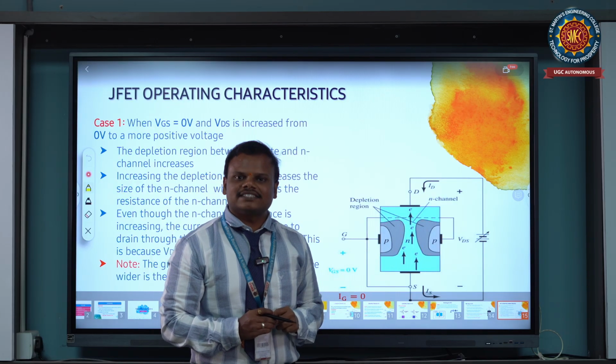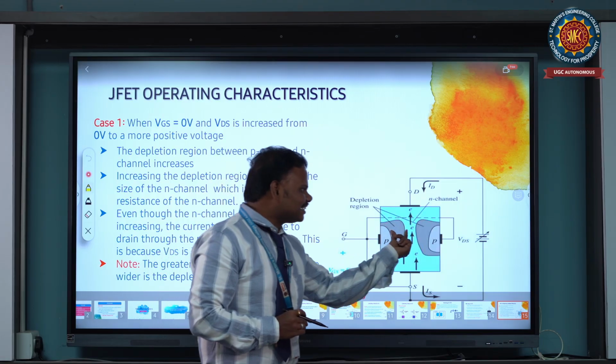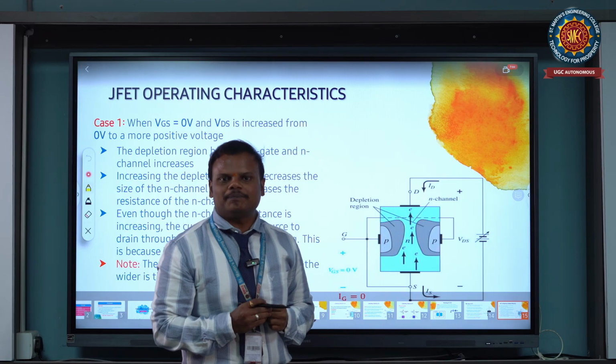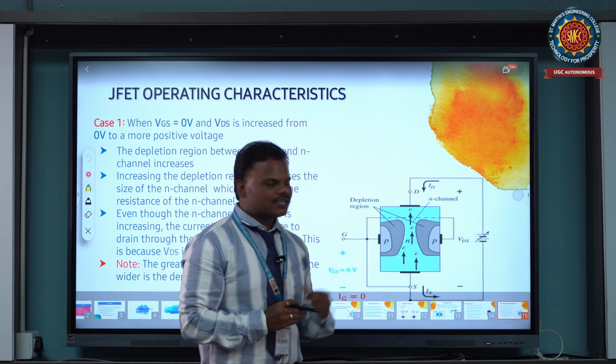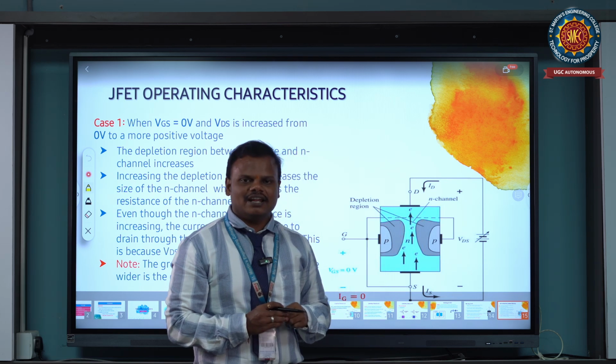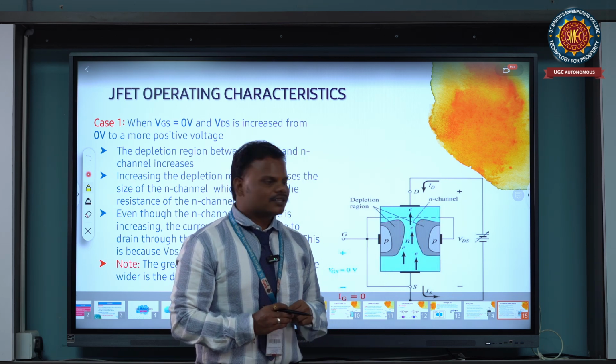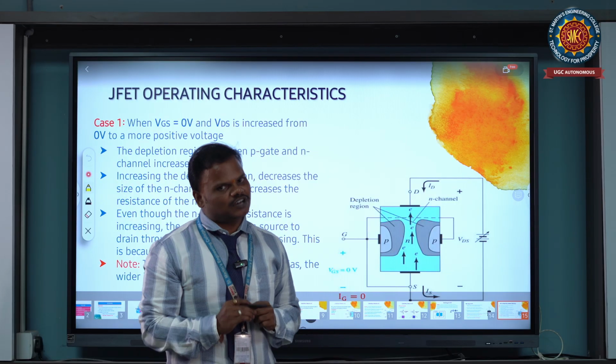That means it is a reverse bias condition, and that causes an increase in depletion region width. So that causes the change in output current. This is all about the case 1 operation.